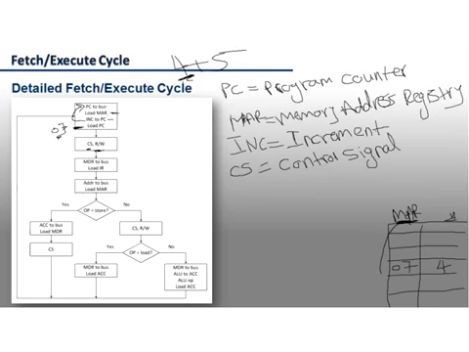We are trying to fetch. So far we are fetching. We are getting the data. So now we need to read. What is the data? We need to read it.